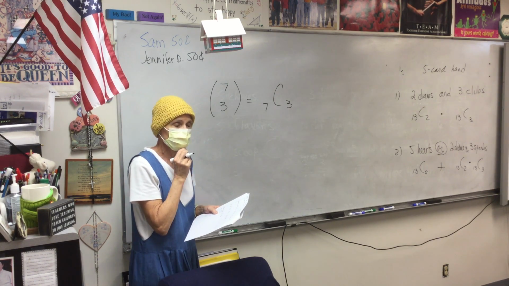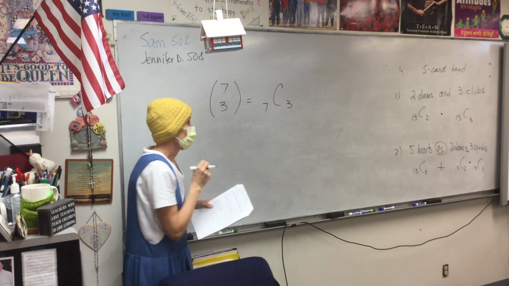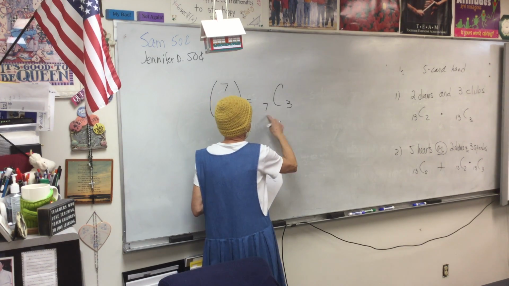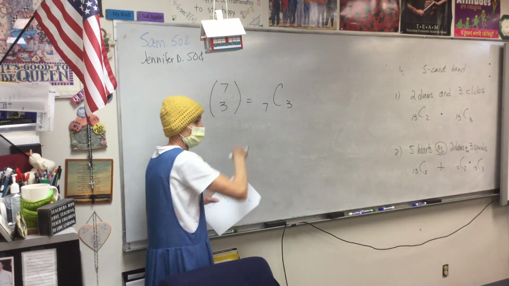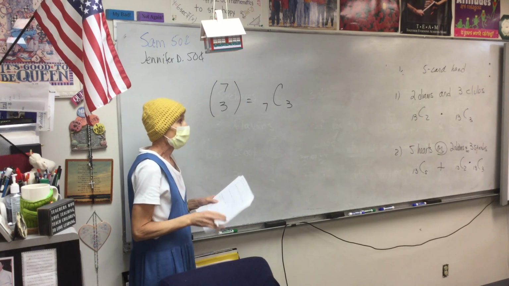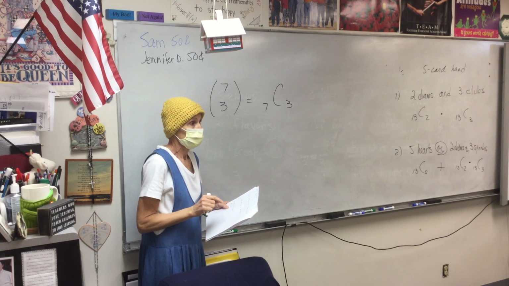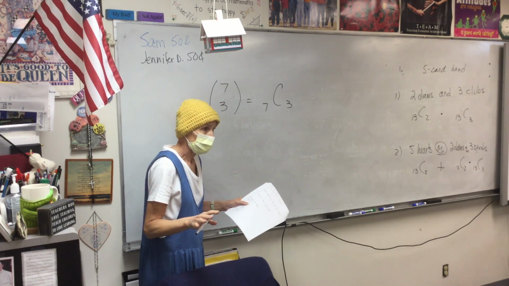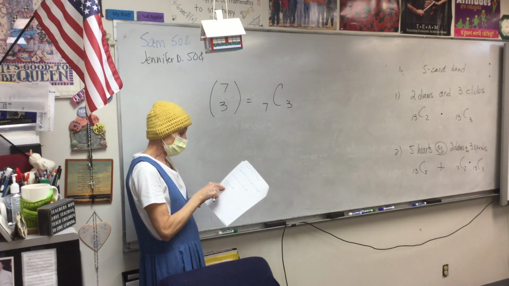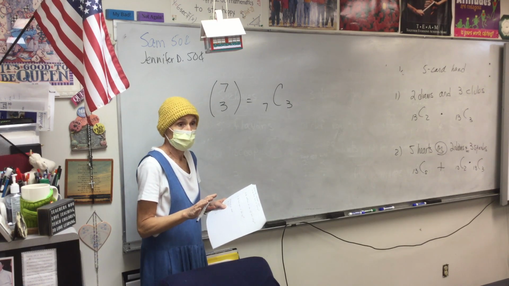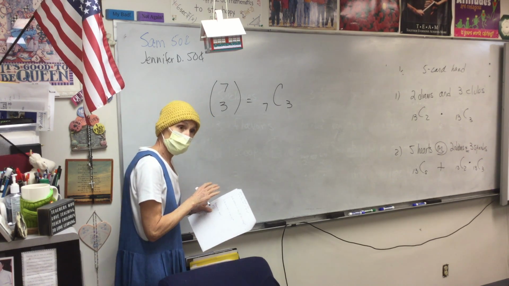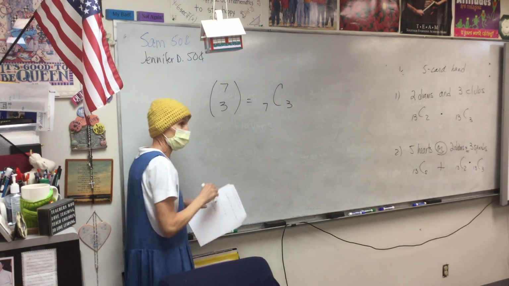Combinations are used so much that sometimes instead of writing it out this way, all they do is write this. Now, I know you could type it in on your calculator. Well, at least I hope I know that. What this says is evaluate by hand. So I need to help you figure out how we're going to evaluate this by hand.